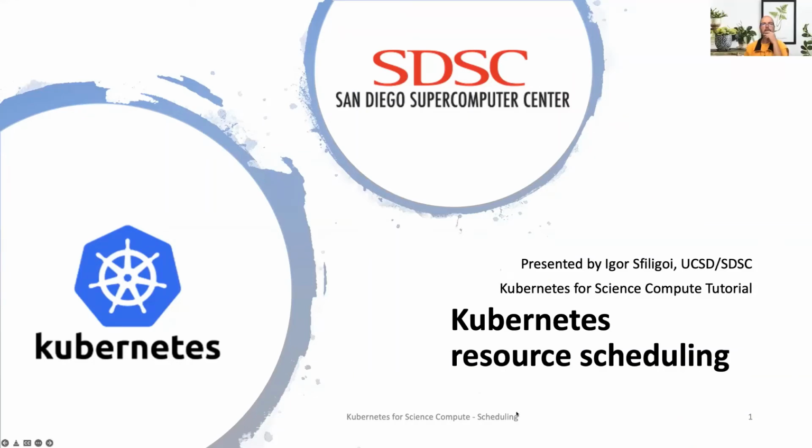Okay, so I hope you got a feel for the storage tools. So let's now spend a couple more minutes to talk about how resource scheduling works in Kubernetes in a little bit more detail.